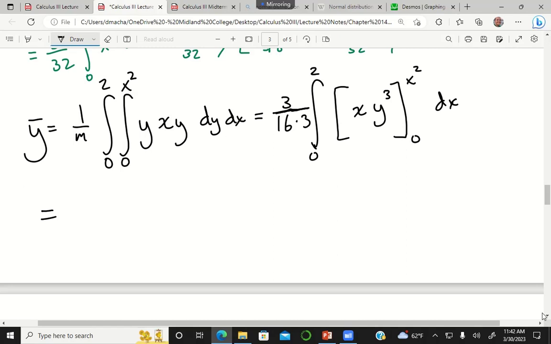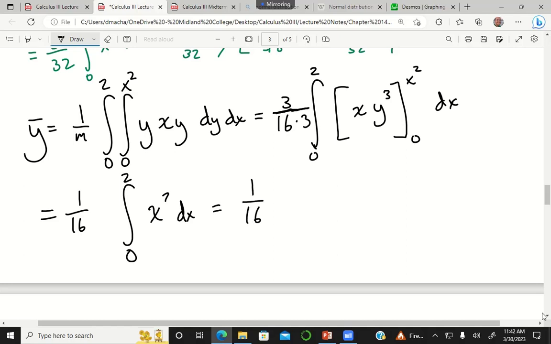So 1 over 16 times 0 to 2 of x to the 7th dx. And of course that means, no, okay, I'm just evaluating now. I'm not taking an antiderivative yet. So that's good, right?